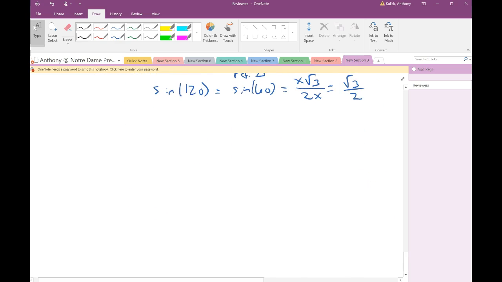Okay, let's do another example, because this is like a super duper important skill. So let's say we want to find cosine of negative 210.